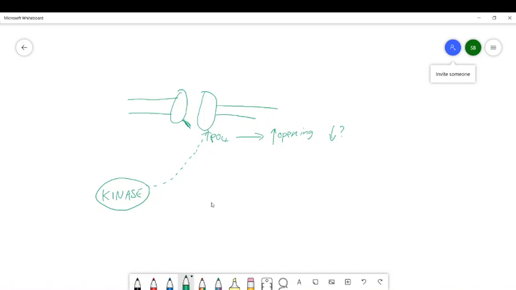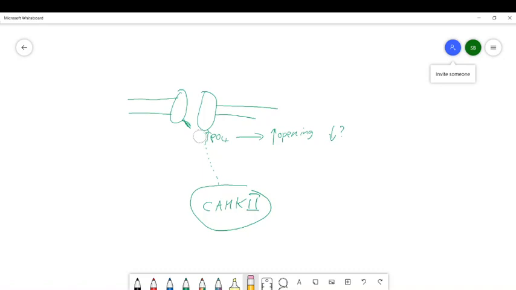In the case of CaMKII, what controls it are calcium and another protein called calmodulin.